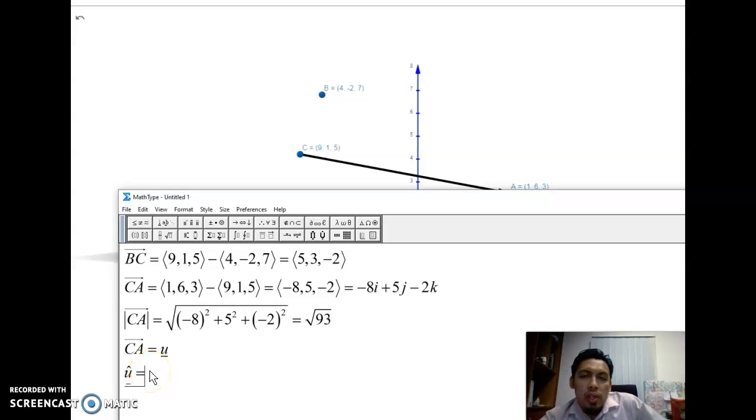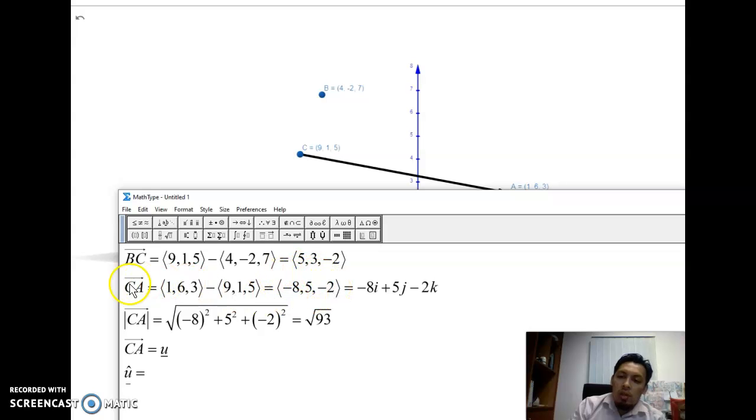And how do we actually calculate the unit vector? It is quite simple. You just need to divide each of these components by its magnitude, which is root 93.